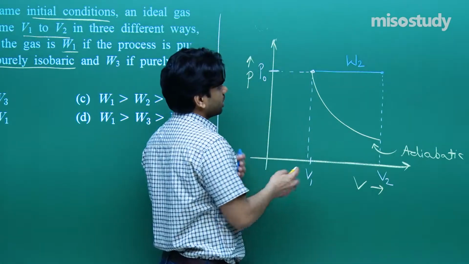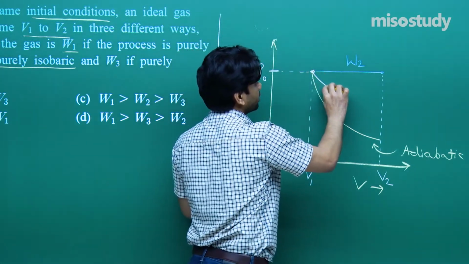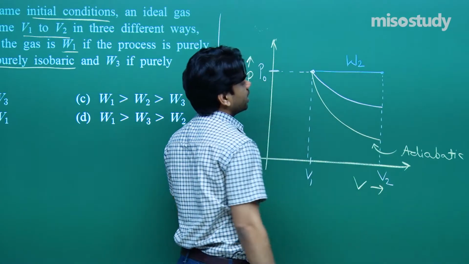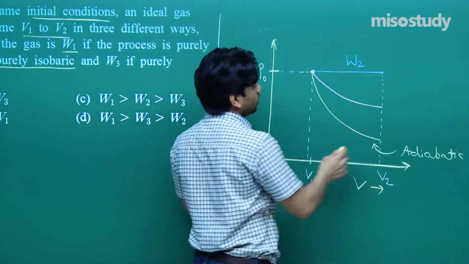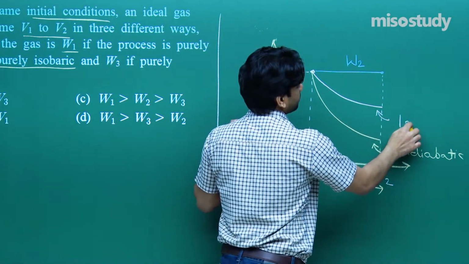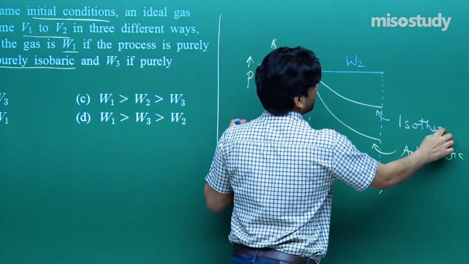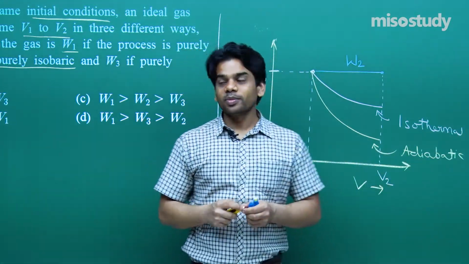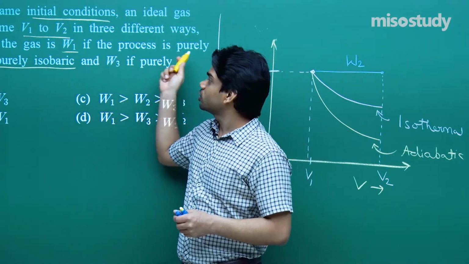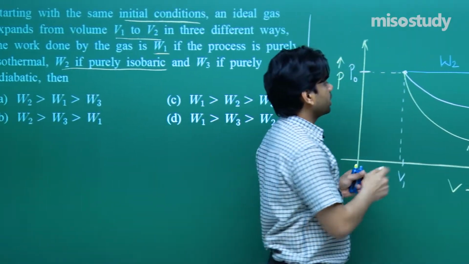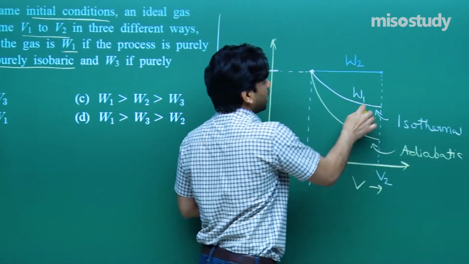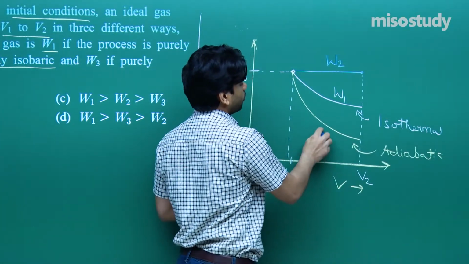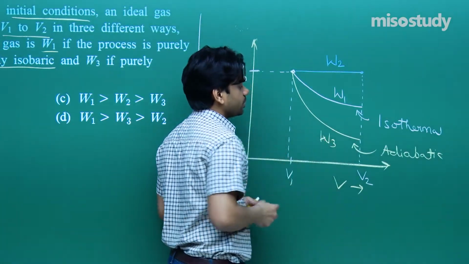It will be somewhat like this. This will be the isothermal curve. So W1, where will it lie? W1 will be in the center, because W1 is for the purely isothermal process. So this will be the case of W1, and automatically this will be for adiabatic, W3.